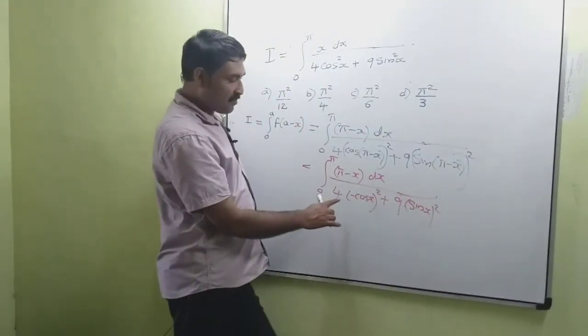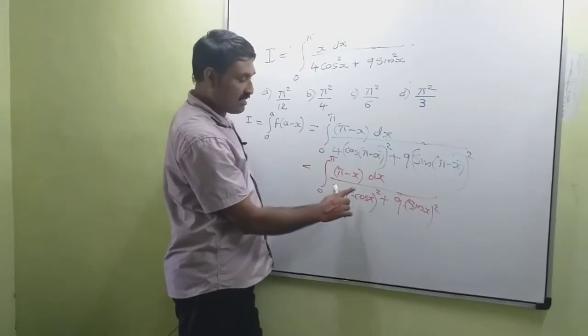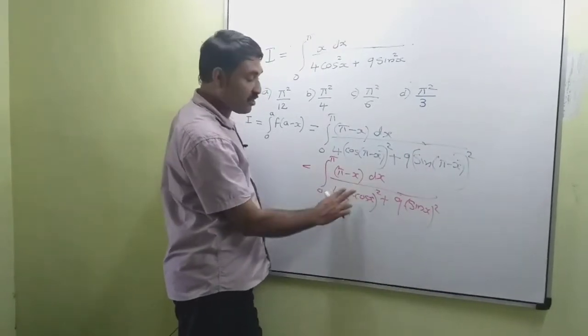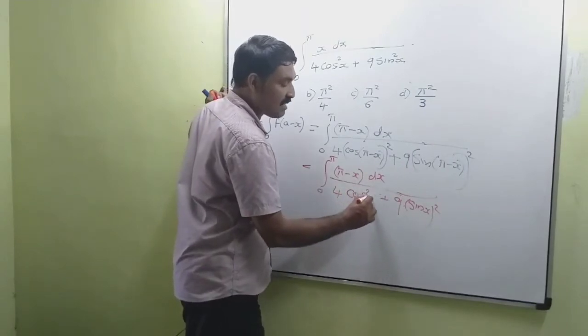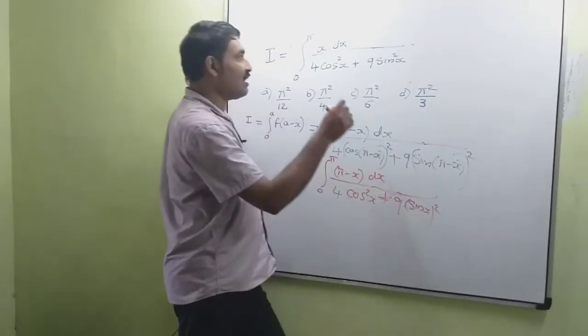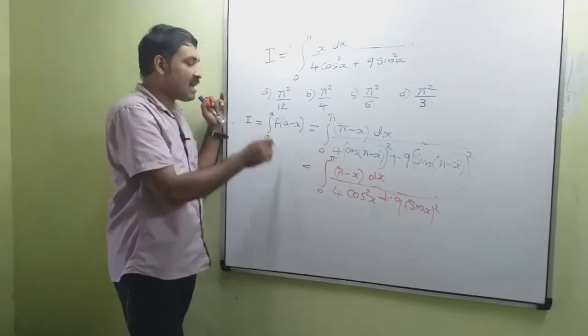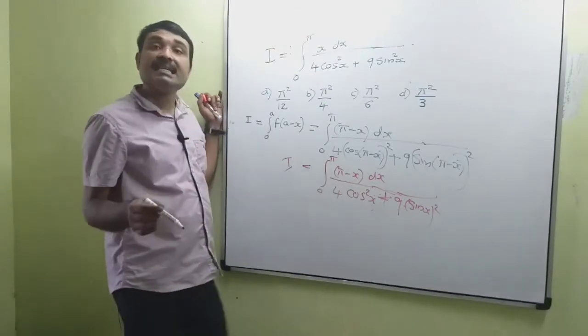This term becomes 4 cos square x. So the denominator of both this I, this is also I, are the same.